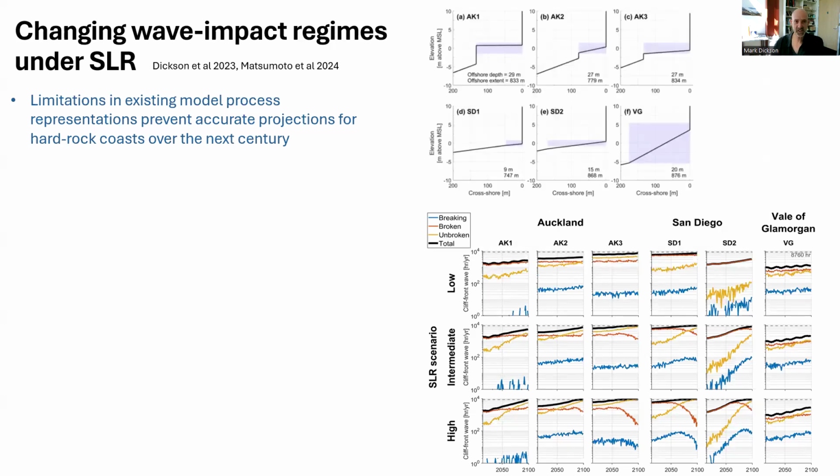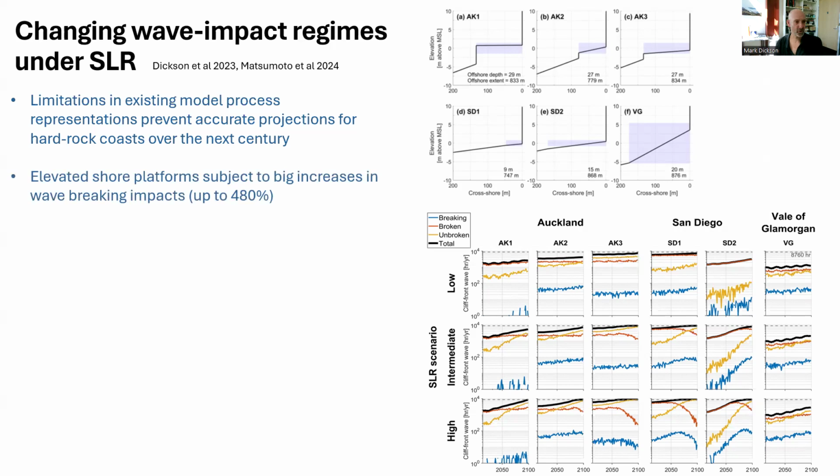And we explored a broad range of profile shapes in Auckland and San Diego, also an example from the Vale of Glamorgan in Wales here, and examined changing wave breaking patterns with a given sea level rise, but ignoring any morphological response.